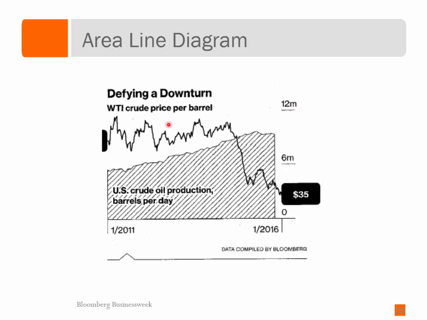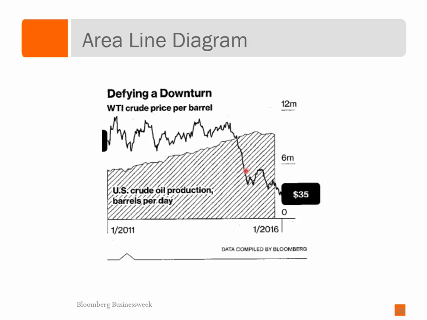And then what we have here is the price line, basically the price per barrel over this same time period. And most importantly, for this data visualization, what we'll see is the price point dropping considerably here.